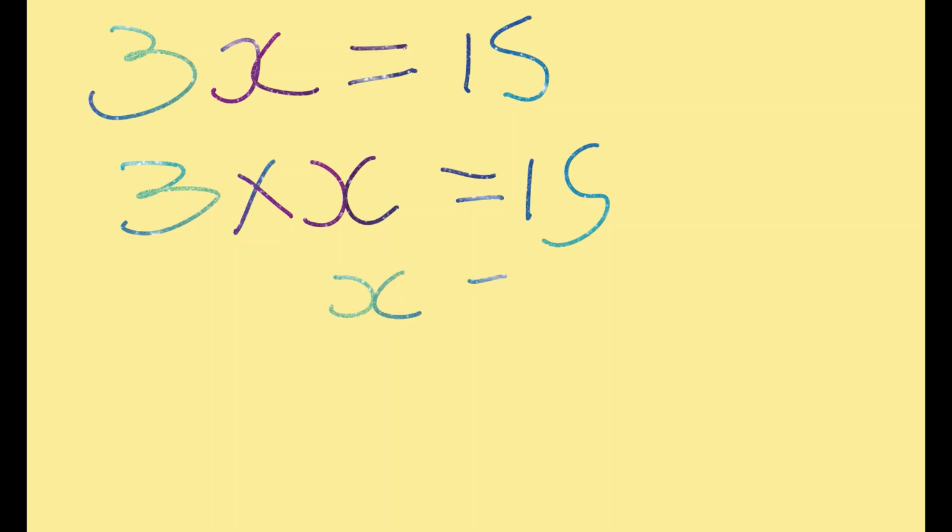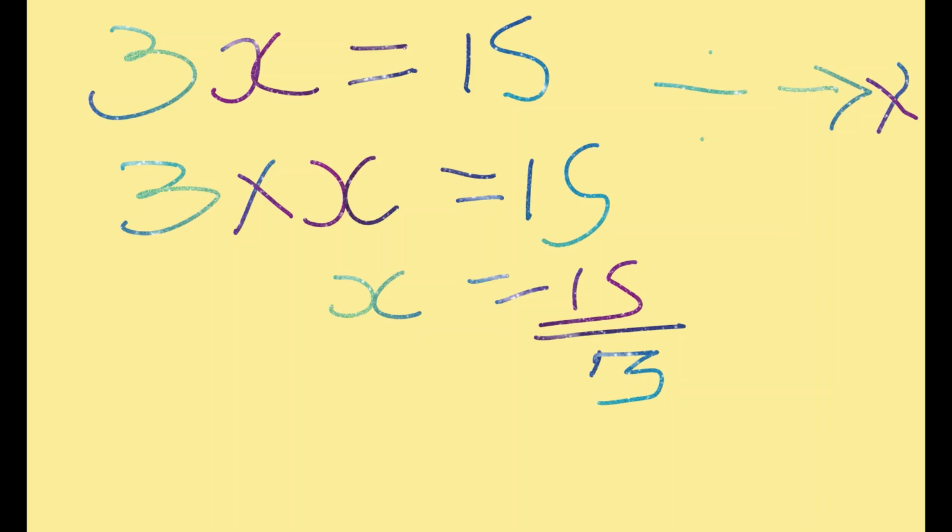Now x is equal to 15 by 3. You know why it became division? Multiplication will always become division and division will always become multiplication. This is very important. Now you know why I asked you to remember. So x is equal to 15 by 3, which is 5.